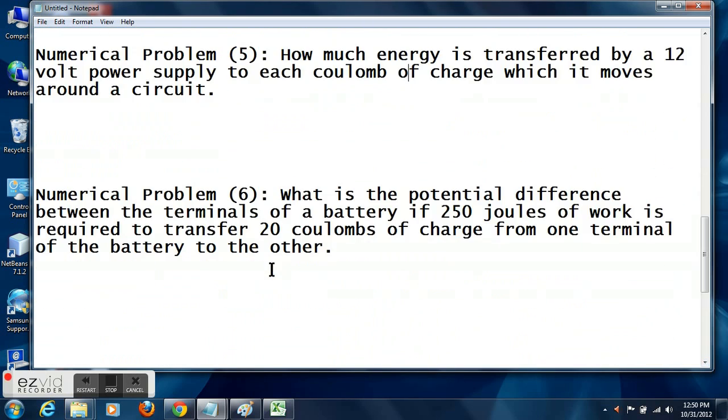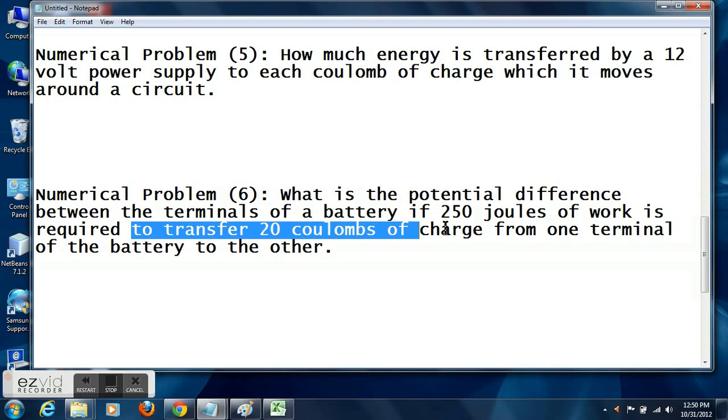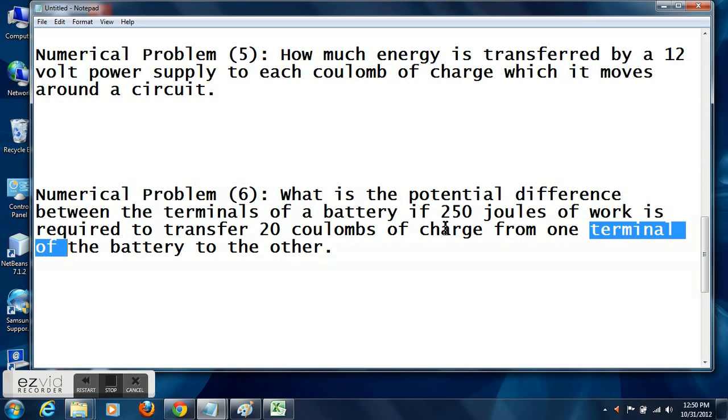Let me go to numerical problem number 6. What is the potential difference between the terminals of a battery if 250 joules of work is required to transfer 20 coulombs of charge from one terminal of the battery to the other?